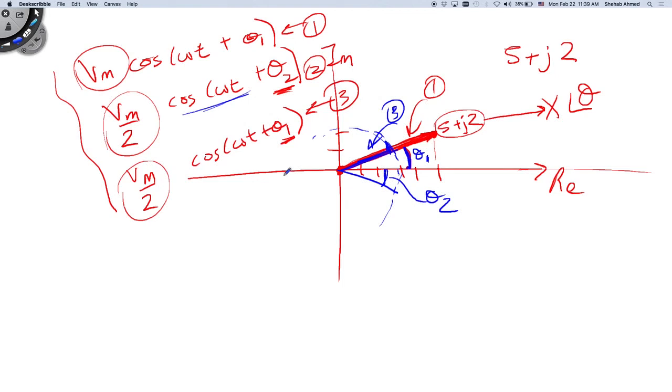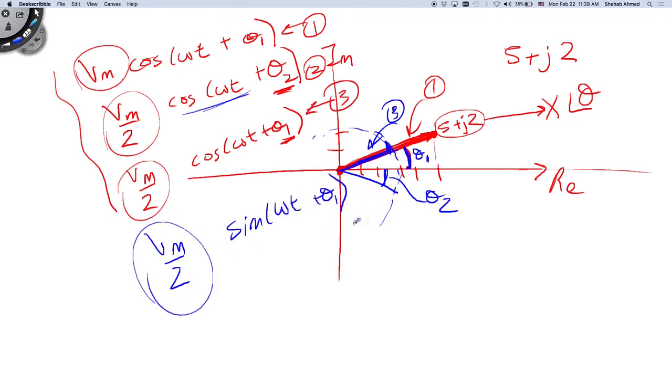For consistency, if I also have V max over 2 sine omega t plus theta 1, how would I do that? This is still a magnitude and an angle, but for me to draw it in the same plane, I have to make sure that I'm drawing the same thing. This sine is already phase shifted with respect to the cosine by 90 degrees, right? So it's best to agree that every time I see a sine, I will convert it to an equivalent cosine.